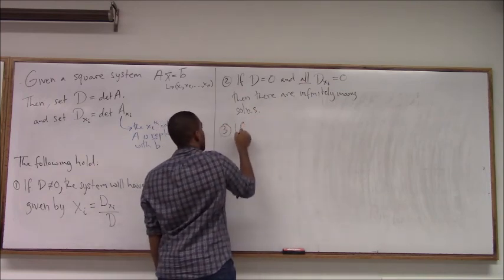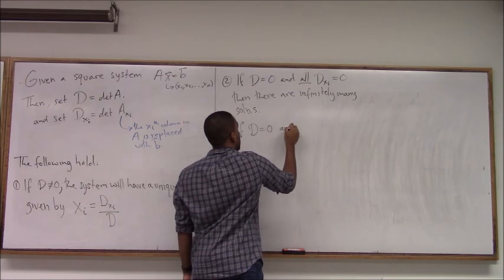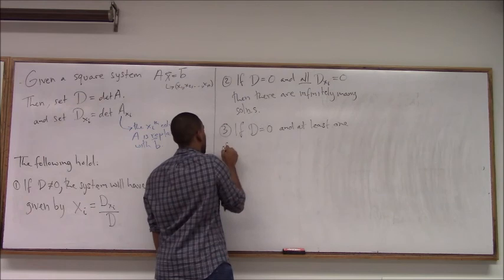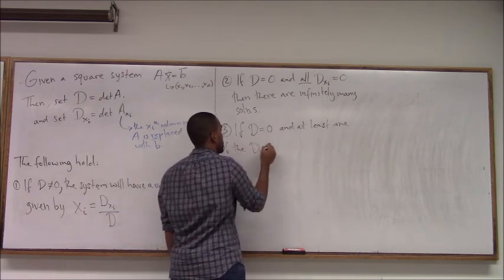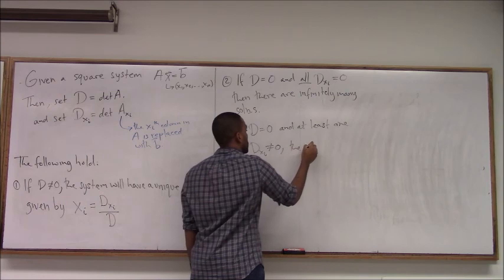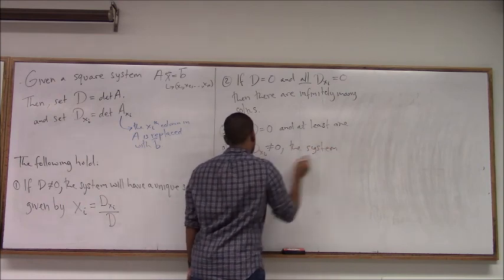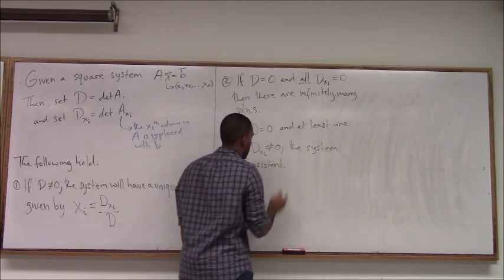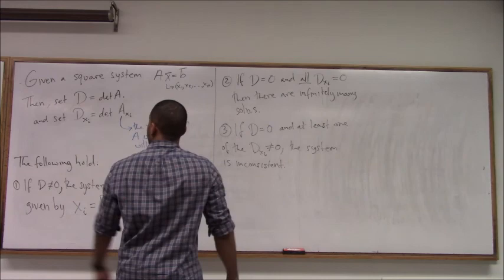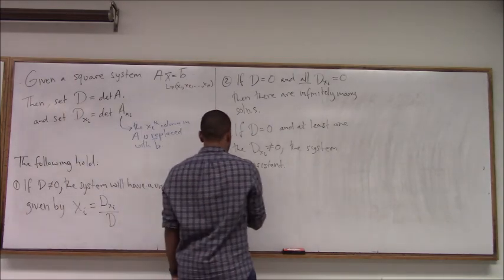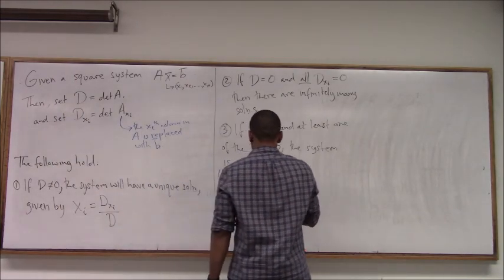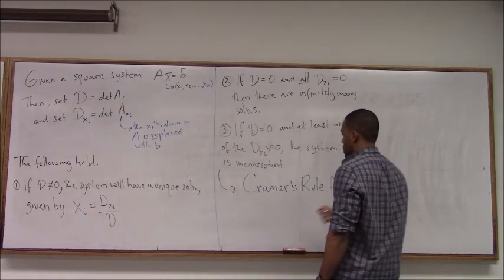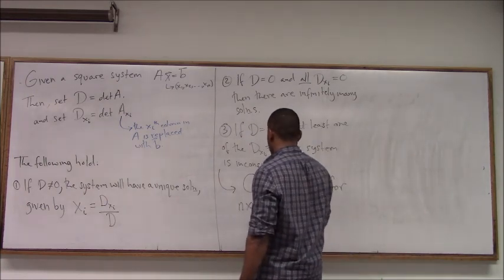Third case, if D is equal to 0 and at least one of the Dxi's is not equal to 0, the system is inconsistent. This is Cramer's rule for n by n systems of equations.